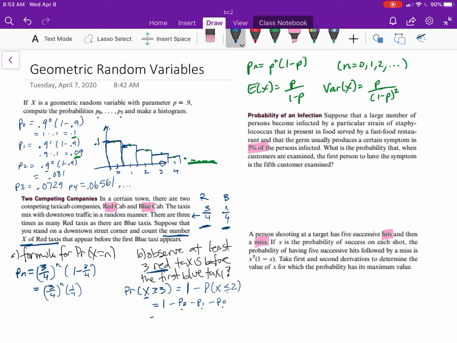Now looking at that formula above, 1 minus, so P2 is 3/4 squared times 1/4. Minus P1 is 3/4 times 1/4. Minus P0 is 3/4 to the 0, which is 1, times 1/4.